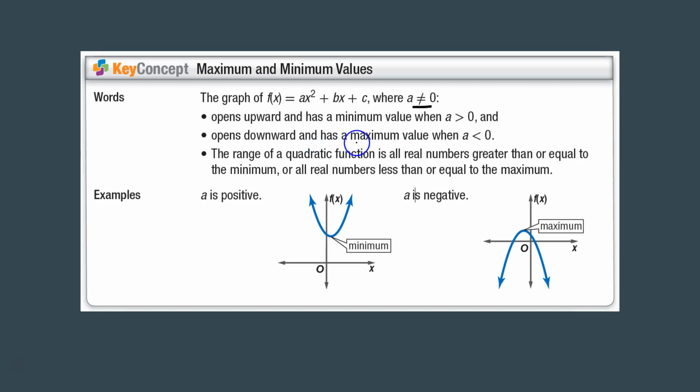And if it opens downward, it has a maximum value and a is less than 0. The range of the quadratic function is all real numbers greater than or equal to the minimum, or all real numbers less than or equal to the maximum. So minimum, maximum.